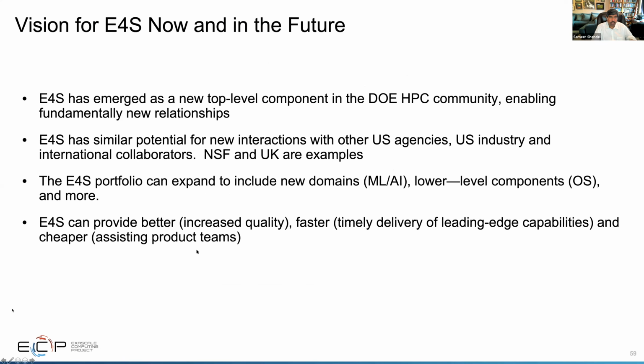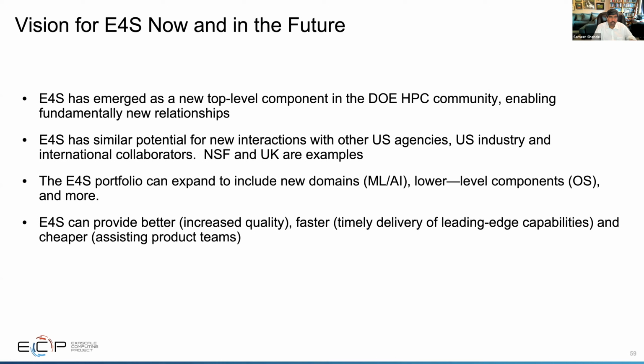So our vision for E4S is that E4S has emerged as a new top-level component in the DOE HPC community that enables fundamentally new relationships, and there is potential for interaction with other US agencies, including NSF, the Department of Commerce, DoD, US industry, and international collaborators.